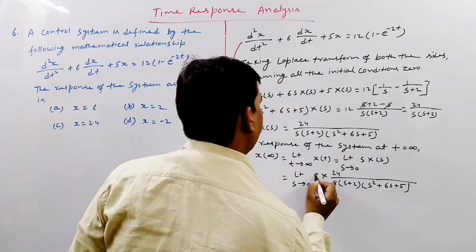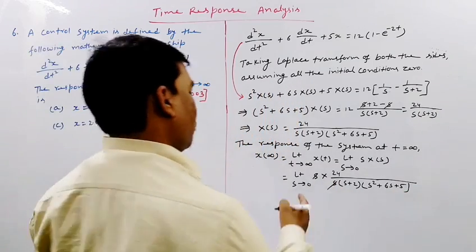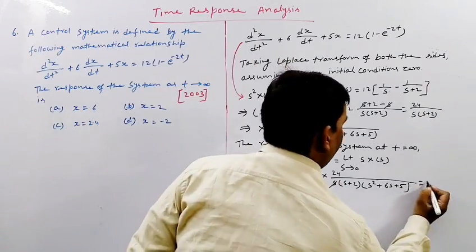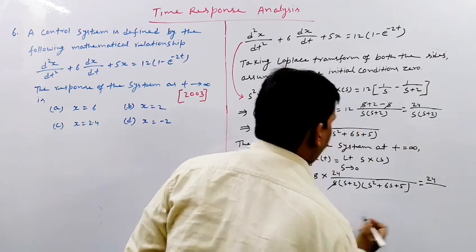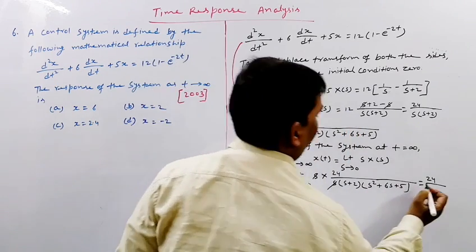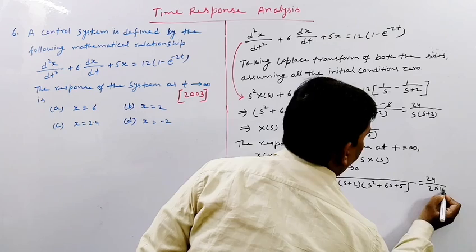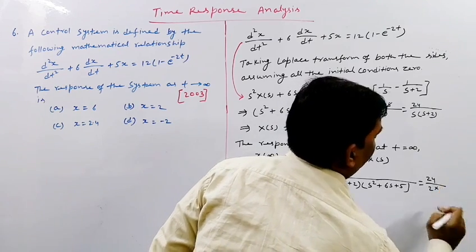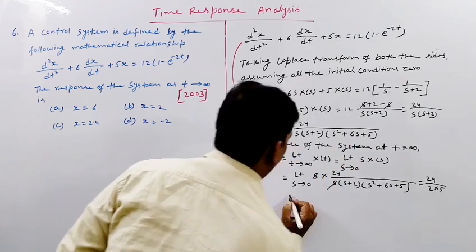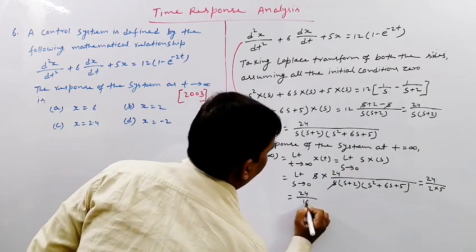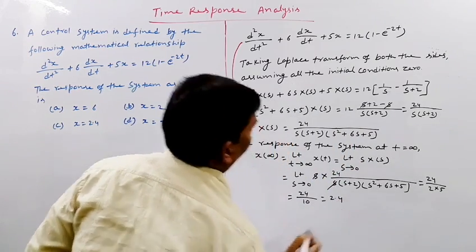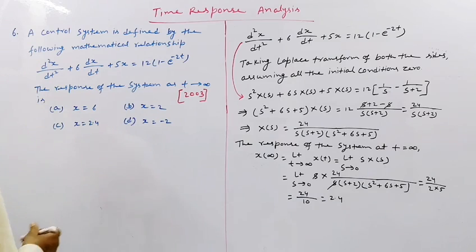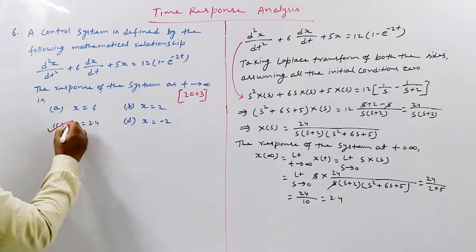Now s will cancel out each other, and if we put s equal to 0, then the numerator will be 24 and the denominator will be 2 multiplied by 5, so it will come 10. So 24 divided by 10, and it will finally come 2.4. So which option is correct? Option number C is the correct one.